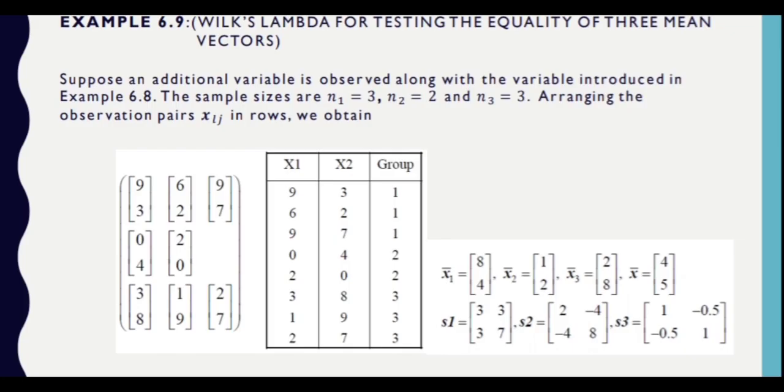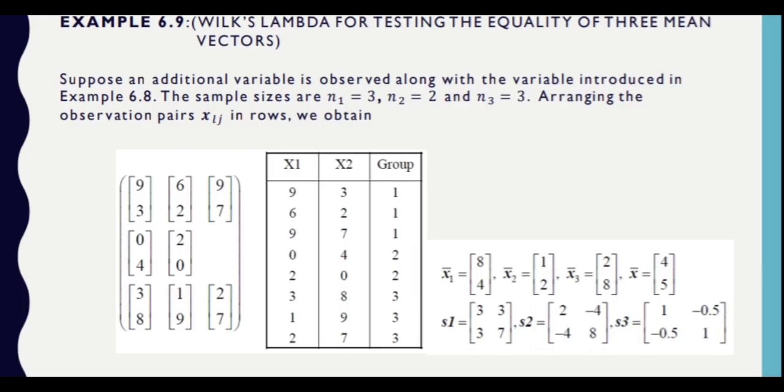Okay, mean vector x2 bar here will be the mean vector for the second population. How do you get 1? 0 plus 2 divided by 2. How do you get 2? 4 plus 0 divided by 2. x3 is the mean vector for the third population. How do you get 2? 3 plus 1 plus 2 divided by 3. How do you get 8? 8 plus 9 plus 7 divided by 3.